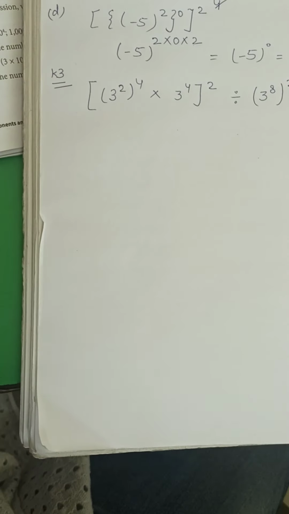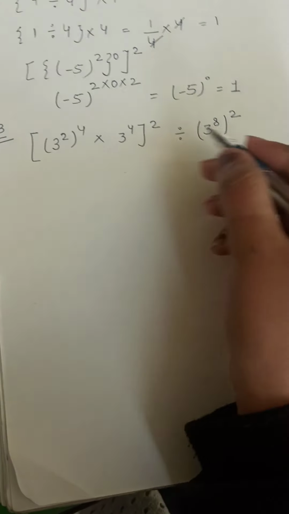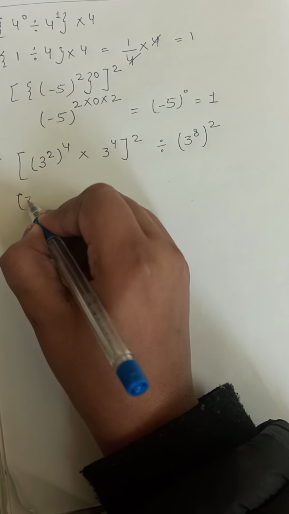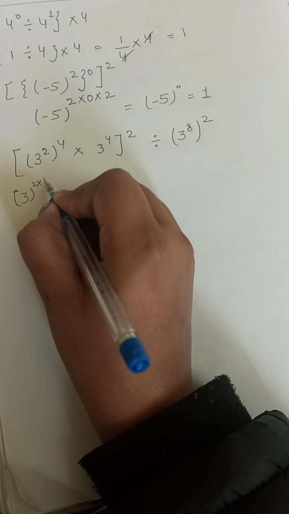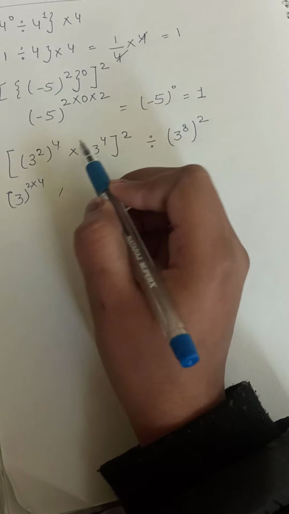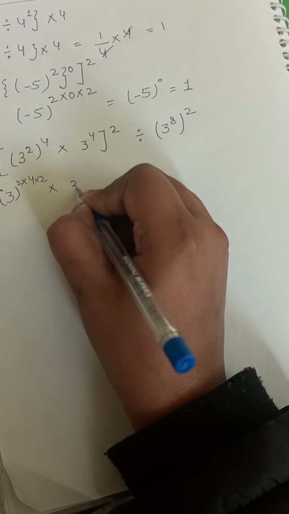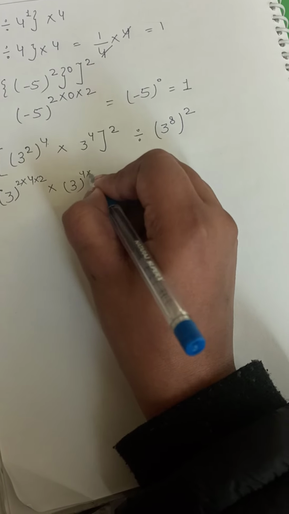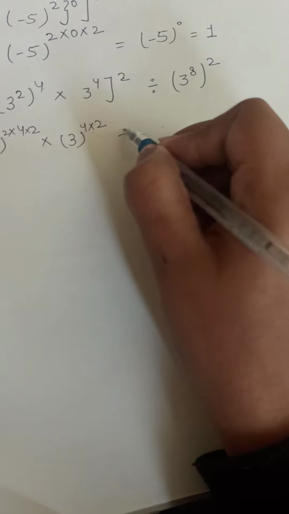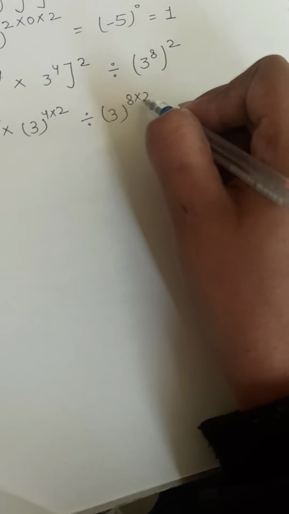So firstly we will use the laws of power, that is 2 4s are 8, 2 multiply with 4. Then see here one more power, that is of 2. So we will write that also here. 3 to the power 4 multiply with 2. Right? Now divide with 3 to the power 8 multiply with 2.